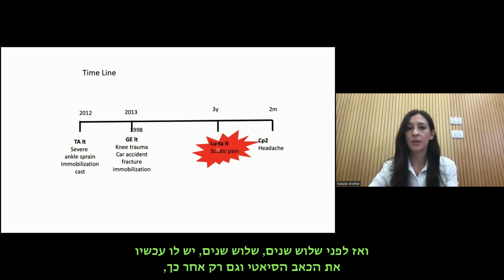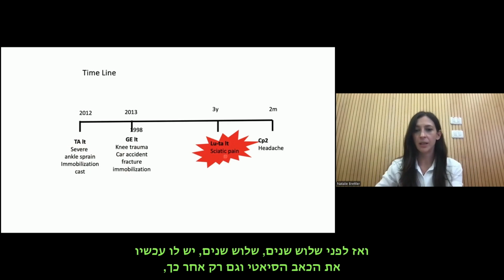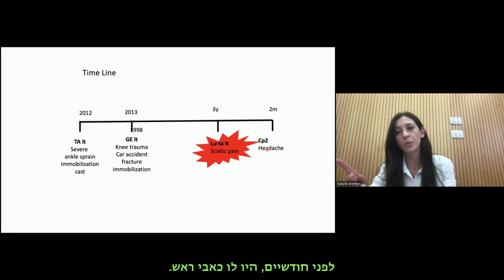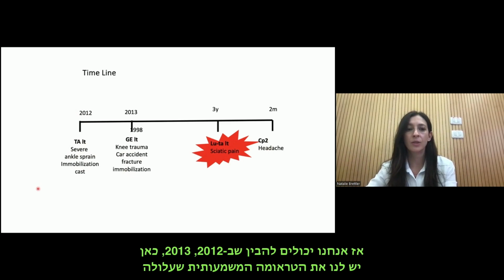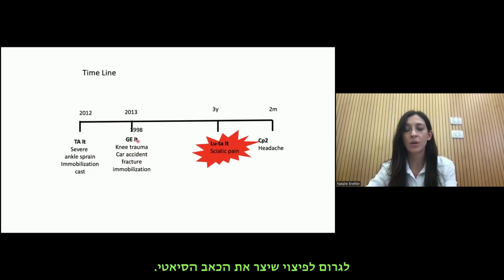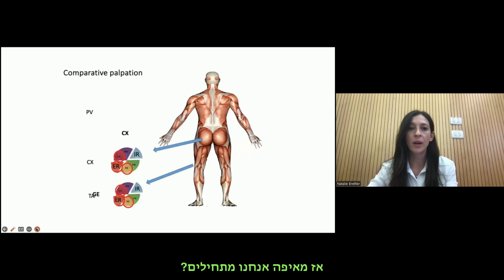And then 3 years ago, he developed the sciatic pain. And only afterwards, 2 months ago, he had the headaches. So we can understand that in 2012 and 2013 we have the significant trauma that could cause compensation, creating the sciatic pain.